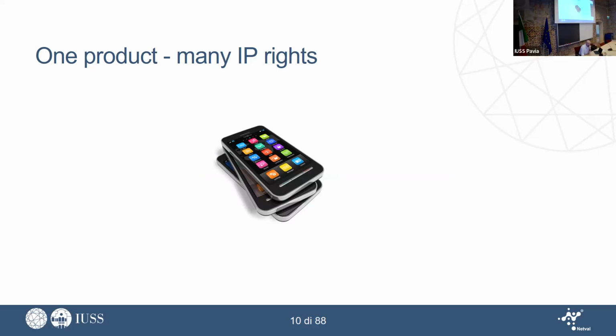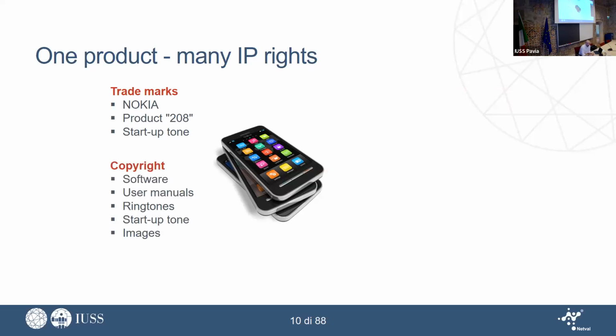In one single product, we can find many IP rights, like the trademarks: the name Nokia, the product, the startup tone. We can see in the following slide, the trademark could also be a sound, a music.